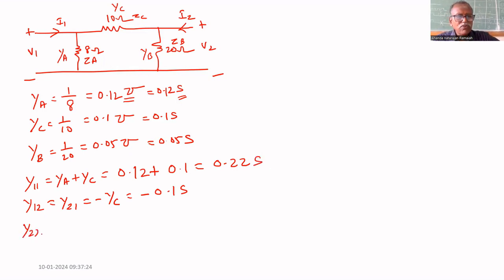Y22 equal to YB plus YC, that is 0.1 plus 0.05, equal to 0.15 Siemens. That's all.